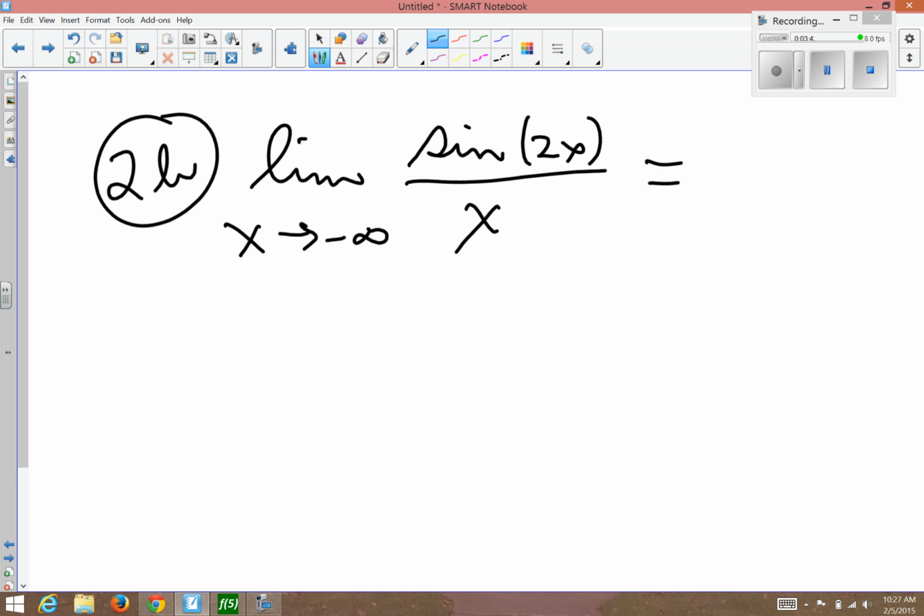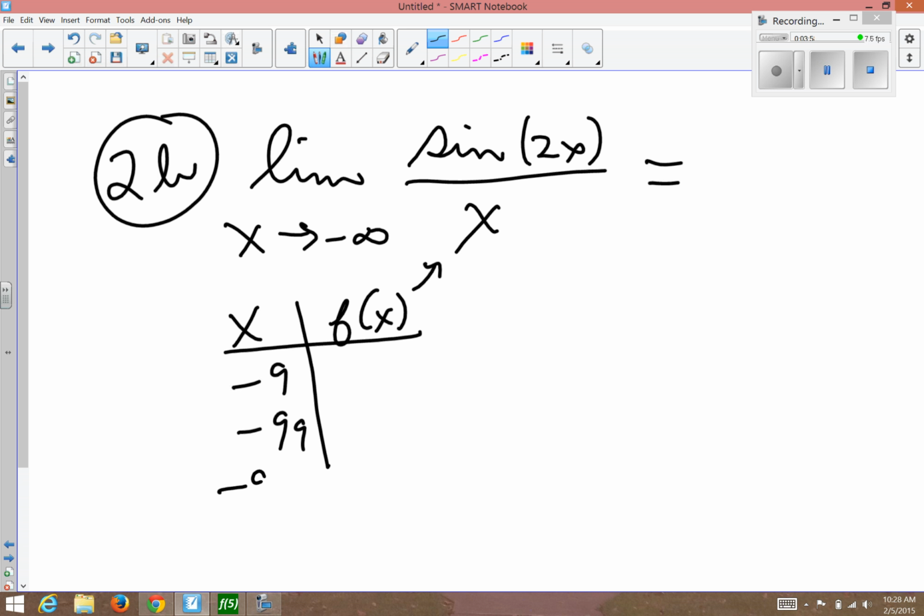And we use a calculator for this. x is approaching negative infinity, so we'll plug in negative 9, then negative 99, then negative 999. We call this x approaching negative infinity, getting closer and closer to negative infinity.